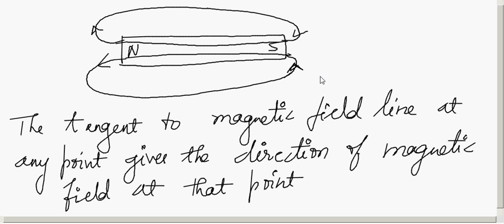That means at one single point we are getting two directions of magnetic field, which is not possible. These are some properties of bar magnets and the magnetic field lines. In the next session we will see what happens if a bar magnet is placed in a uniform magnetic field.